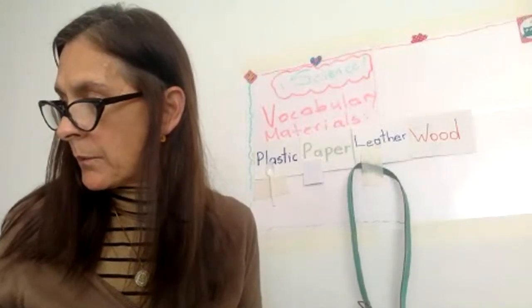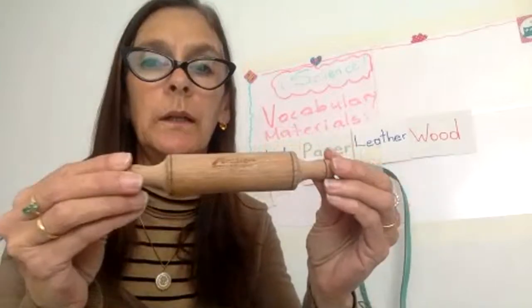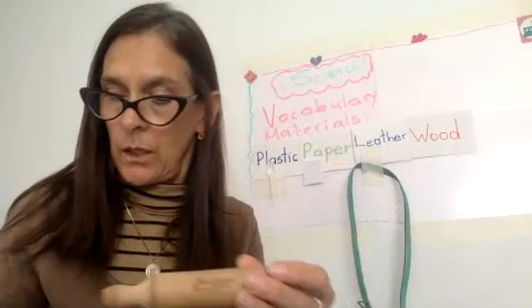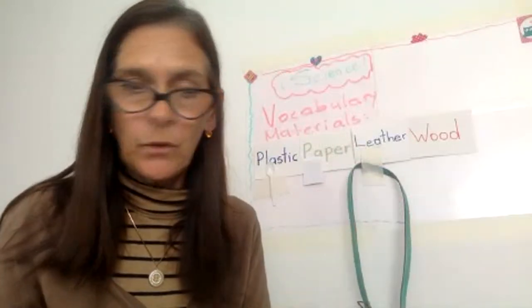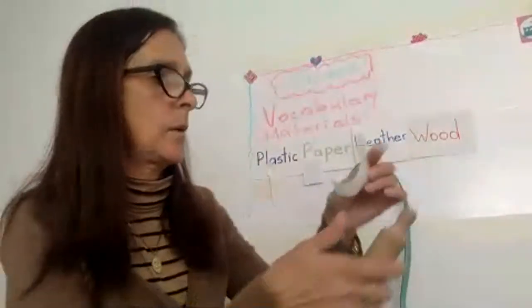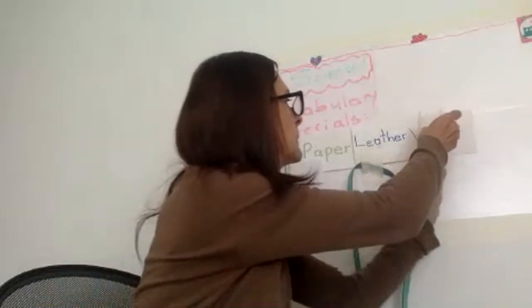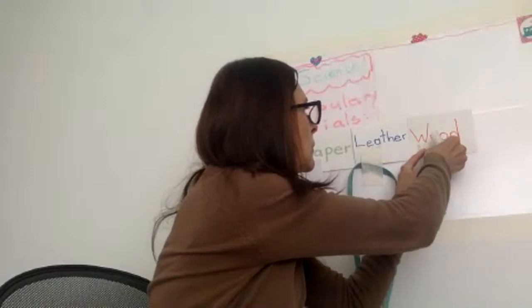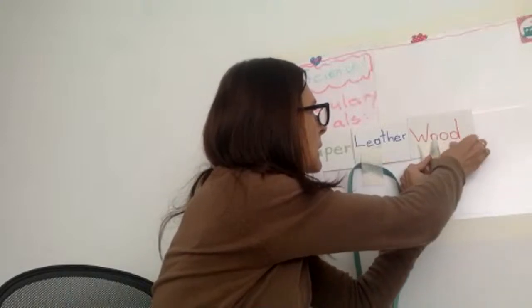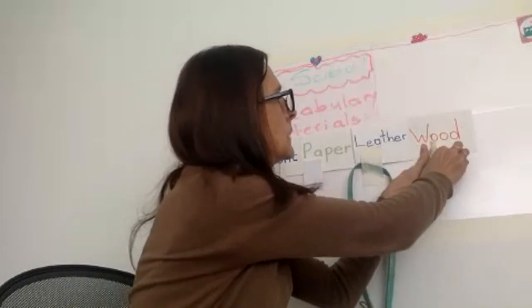I have here something we use in the kitchen and is hard. I don't know how I am going to paste this because this is too heavy. But anyway, I'm going to try.